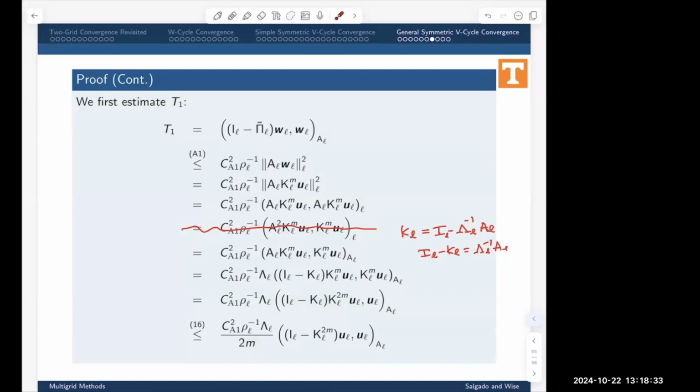So what estimates have I used so far? Just two. We've used our weak approximation property, and we used our telescoping estimate involving the Richardson smoother. That allowed us to bring this 2m down.